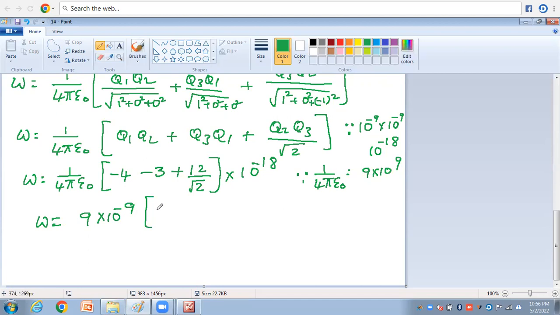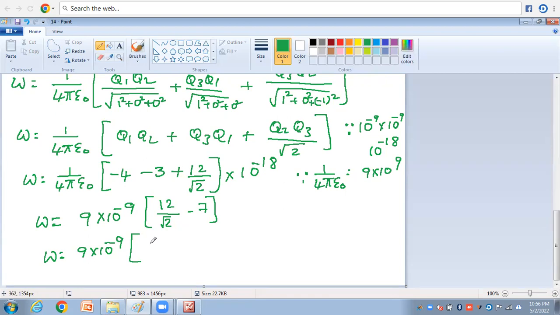Then rearrange this term: 12 by root 2 minus 4 minus 3 is written as minus 7. After that, doing small mathematical part, W equals 9 into 10 to the power of minus 9.